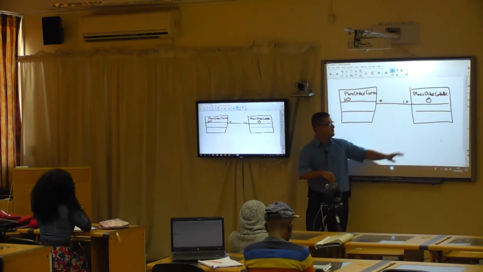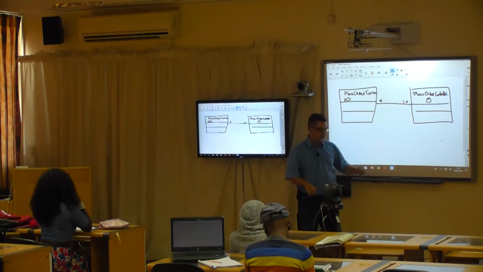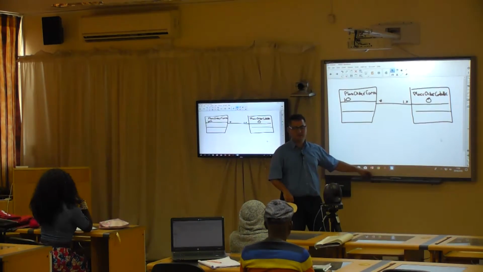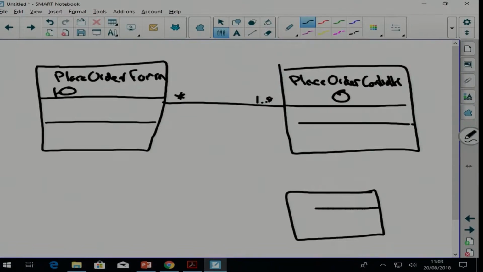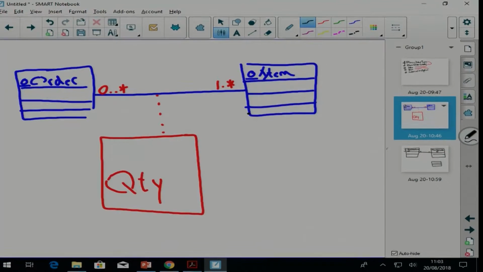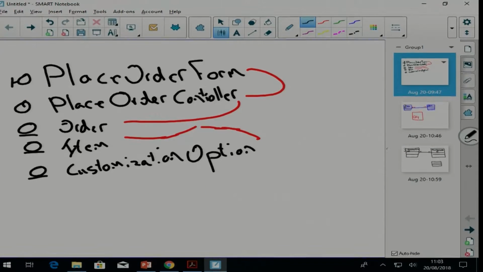Now the relationship from the controller to your entities, what would that be? From our initial work, we said that the controller is going to interact with the order, the item, the customization option.